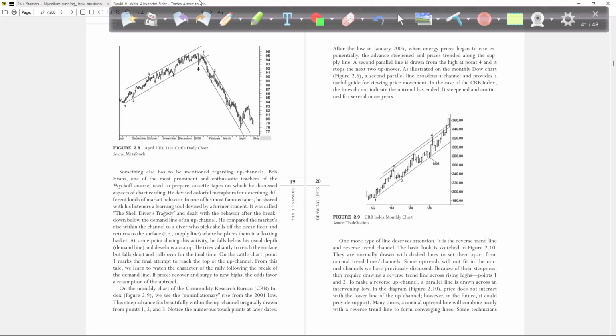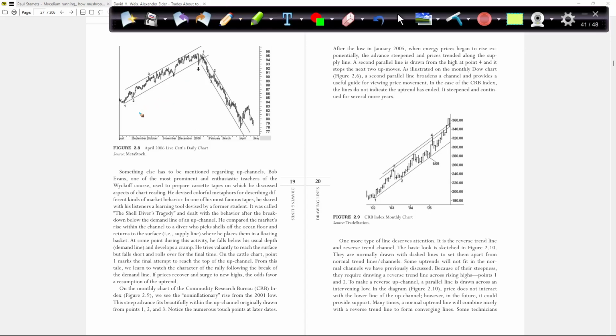Suppose this is the ocean floor and this is the ocean surface. By applying the metaphor, we are picking shells here and going up to the surface of the ocean.